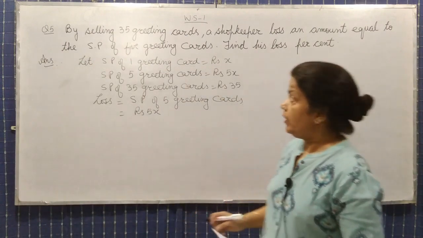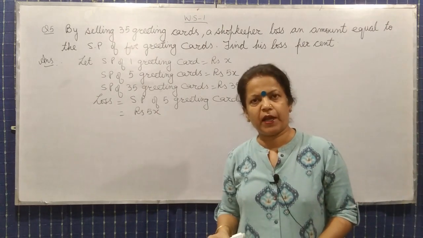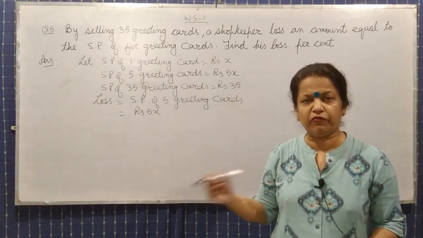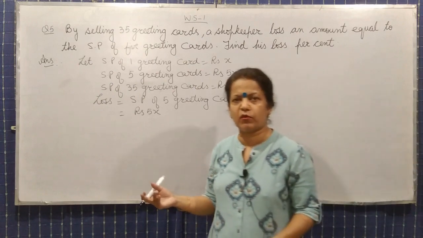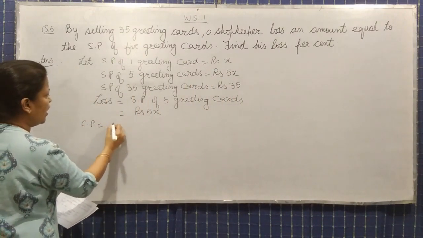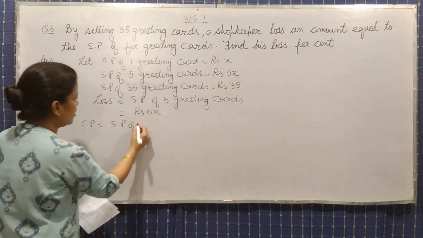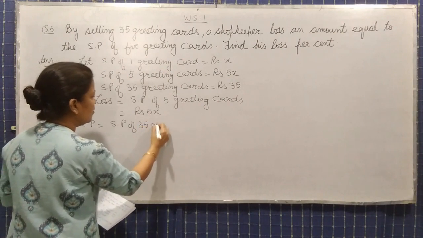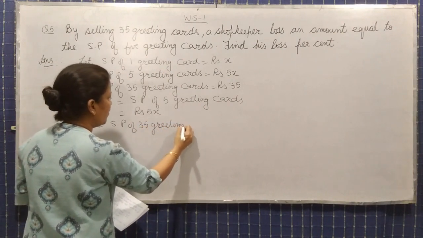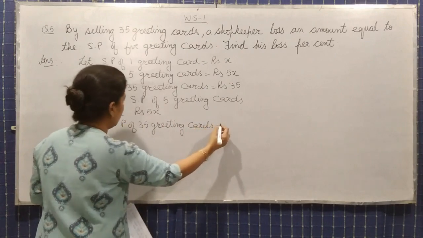Now to find the cost price: if there is a loss, cost price equals what? Cost price equals the selling price of 35 greeting cards plus loss.